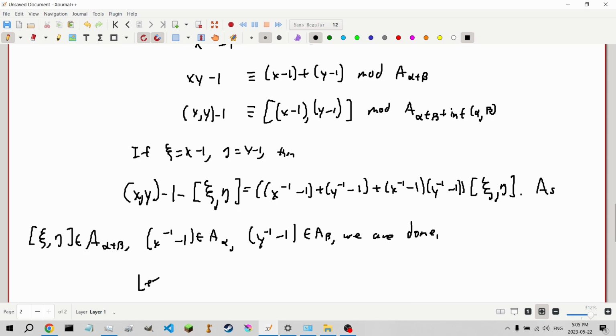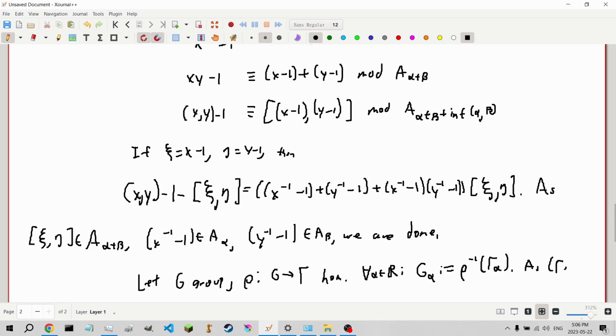Now let G be a group, rho a homomorphism from G into R gamma. For all real alpha, we write that G alpha is equal to rho inverse of gamma alpha.